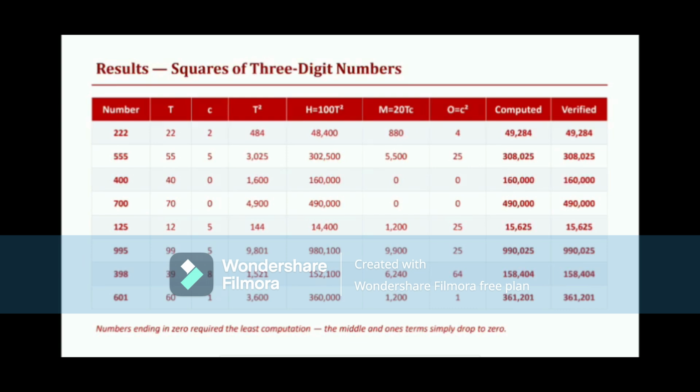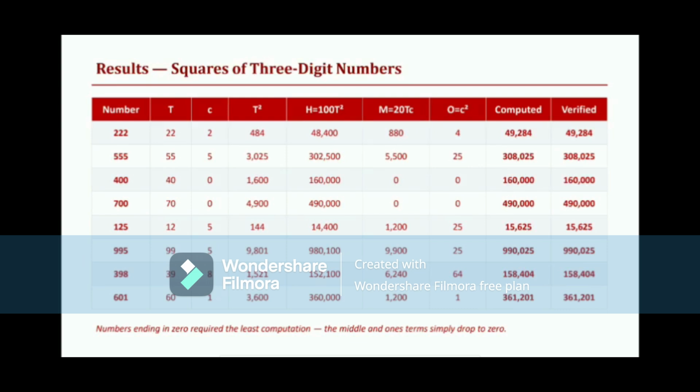As shown in Tables 1 and 2, the computed squares obtained through the digit separation method were consistent with the verified squares produced using a scientific calculator for all of the 16 numbers tested, which includes both 2-digit and 3-digit cases. This consistency was observed across all the numerical patterns examined, including numbers with identical digits, numbers ending with 0, numbers ending in 5, and numbers near multiples of 10 or 100.